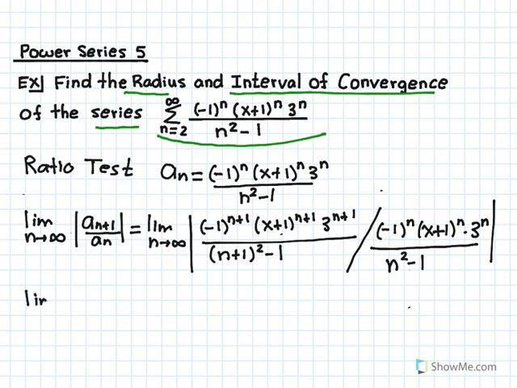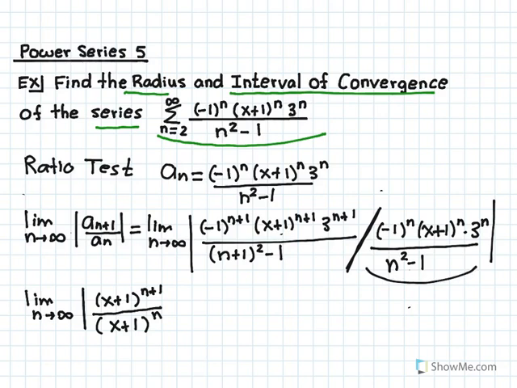We'll get the limit as n approaches infinity of the absolute value of x plus 1 to the power of n plus 1 divided by x plus 1 to the power of n. Recall, we're dividing by this fraction, so we're going to flip this fraction. The numerator becomes a denominator, and the denominator becomes a numerator.